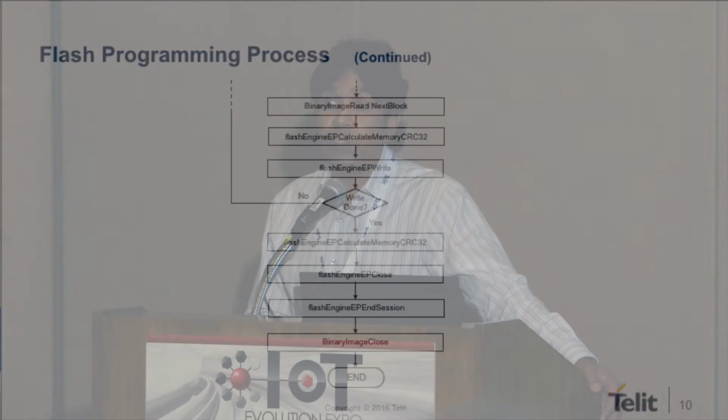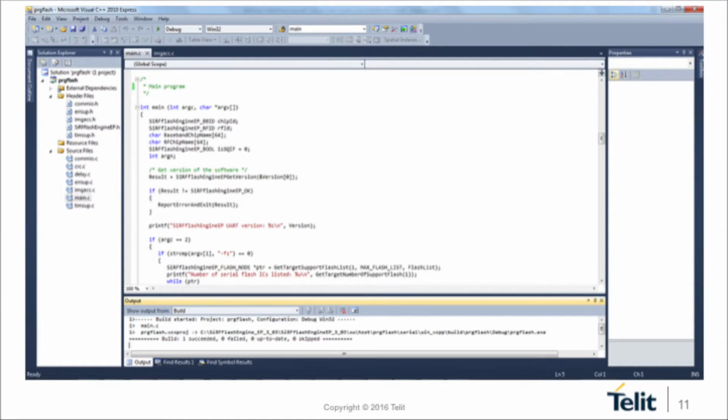If a customer came to us and asked, they want to do firmware over the air, they want to do this process on their own, again, we would provide them with a source code package, and then they would have to take this package, which compiles and builds a command line application from Visual Studio and runs under Windows, and they'd have to port this to their processor.